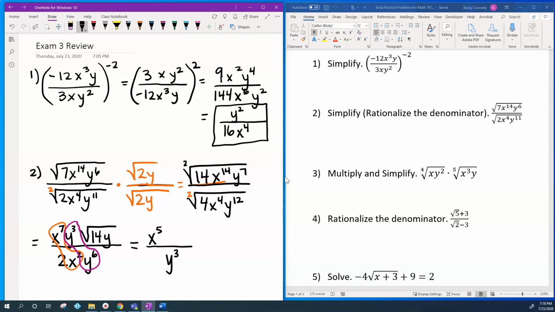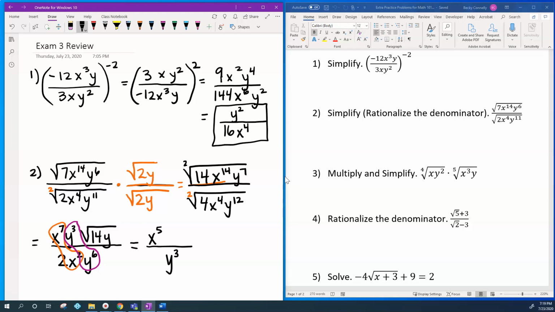All right, and then this 2, can that 2 and that 14 cancel out? What do you guys think? No. Yeah, okay, because that's not really a 14, right? That's a square root of 14.